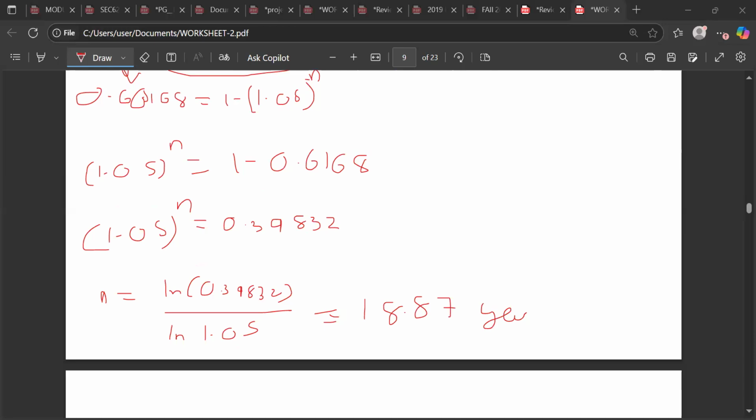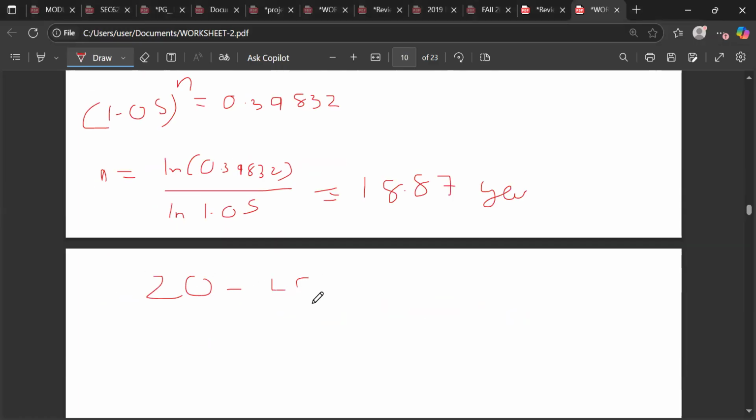That's n. So if that's n, it means the loan is shortened by how many years? The loan term is 20 years, so 20 minus 18.87 will give you 1.13 as the shortening period. So the loan is shortened by 1 year and some months, 1.13 years.